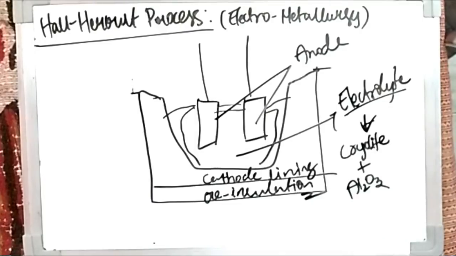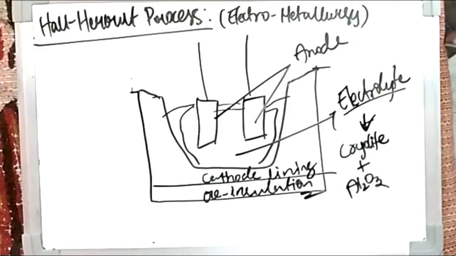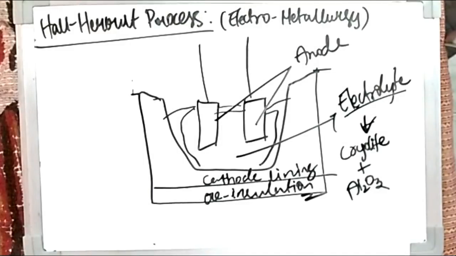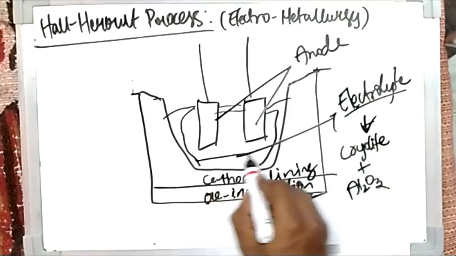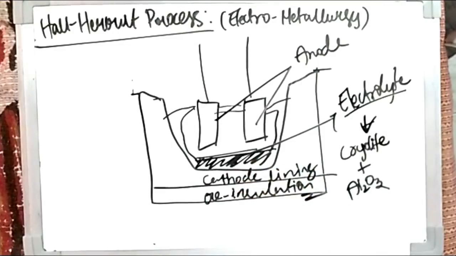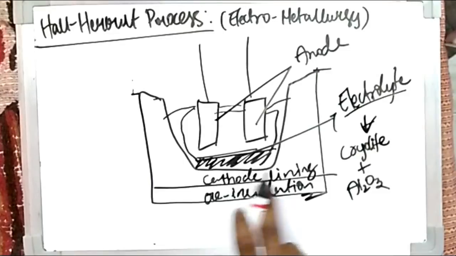So the electrolyte that is used in this electrometallurgical process is a mixture of cryolite and Al2O3. From this you'll be getting pure, or metallic aluminium, which is denser, and it will be settling at the bottom because this is the cathode, so it will usually settle down at the bottom. Now we'll briefly discuss the cell operation.